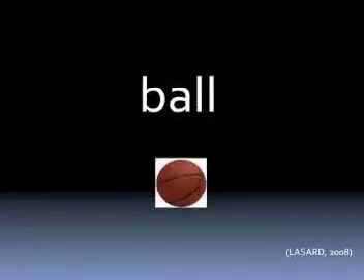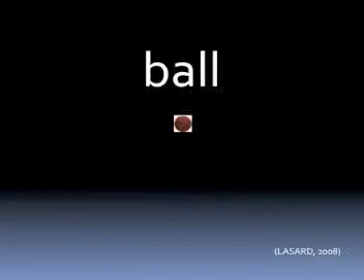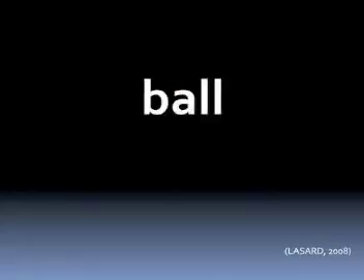Then over time we're going to switch the word to the top because the word is now going to be the focus. And we're going to continue making the picture smaller and the word larger so that our focus is going towards the word ball and not as much the picture of the ball. So eventually we'll have a large word and a teeny tiny picture of a ball. And then we can fade that out completely.